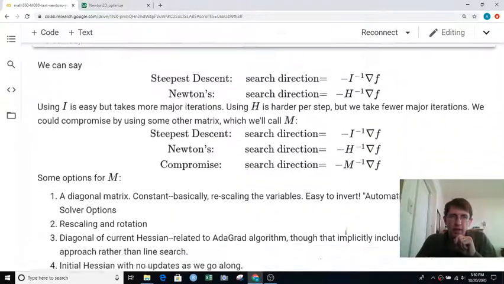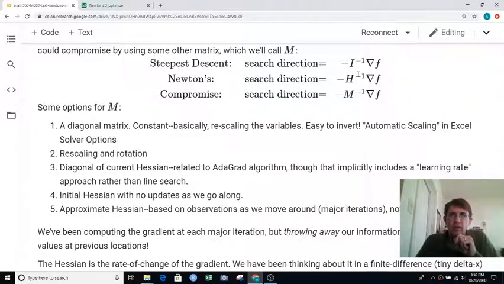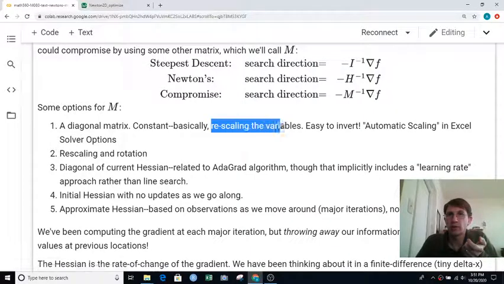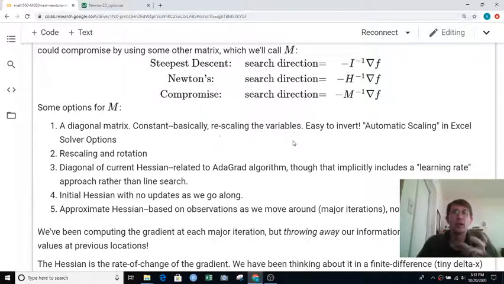All right. So we could say, well, identity is easy to invert because it's a diagonal matrix. What if we just use some other diagonal matrix that would account for whatever scaling of the variables? Like if you have one variable that's in meters and another one that's in kilometers, maybe multiply the kilometers by 1,000, then it'll be in the scale of meters, and then they'll have roughly the same scale.